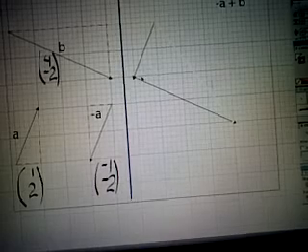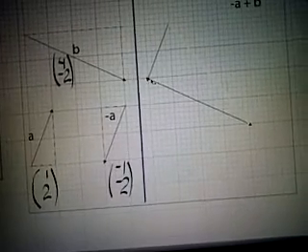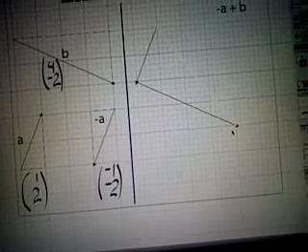And vector B is the same as what we have over here, which is 4, negative 2.